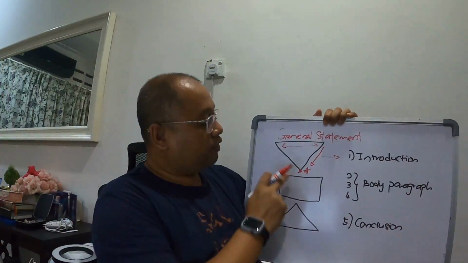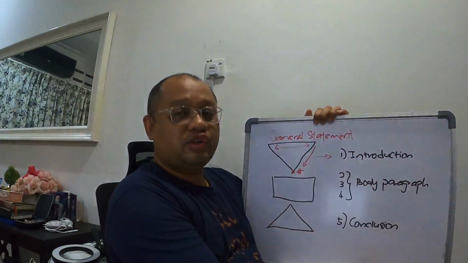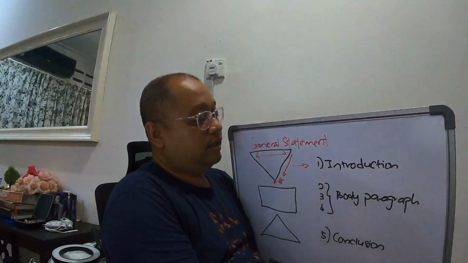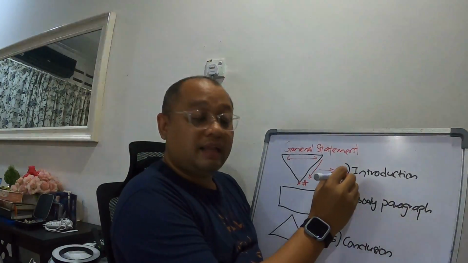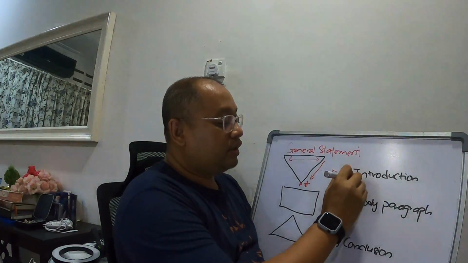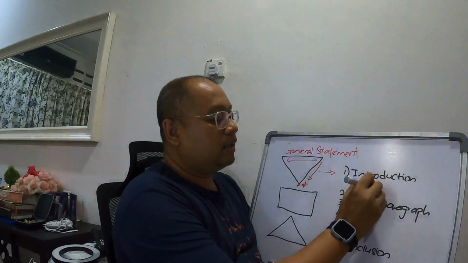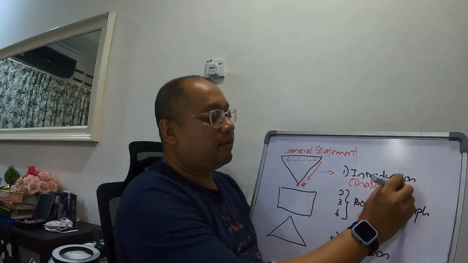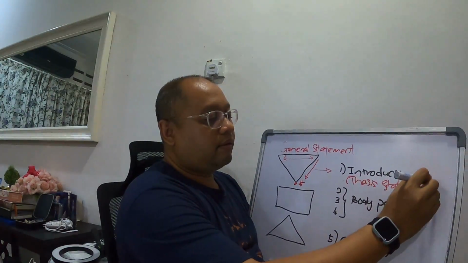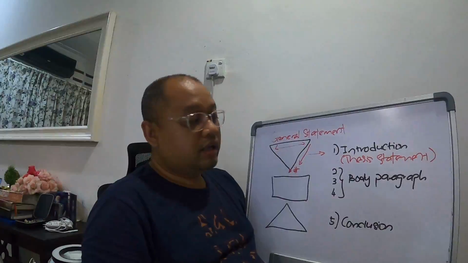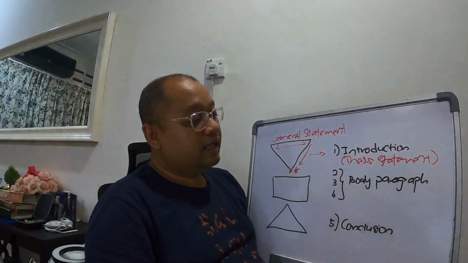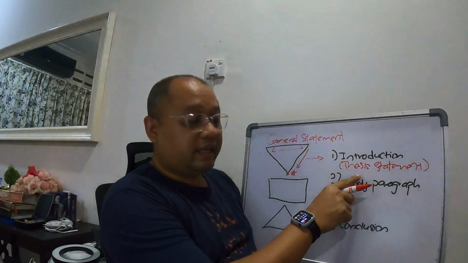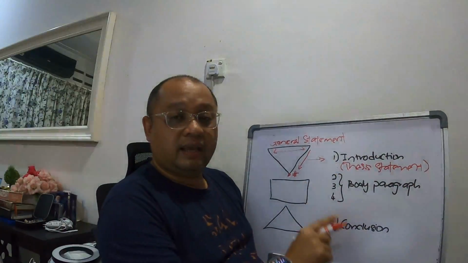So what is it about over here? In the introduction, you need to have the thesis statement. So what is a thesis statement? A thesis statement is the controlling idea of your entire essay.